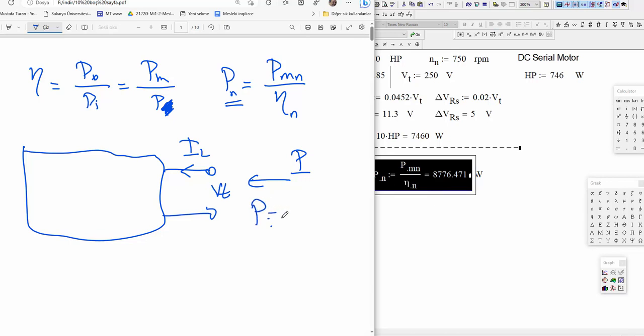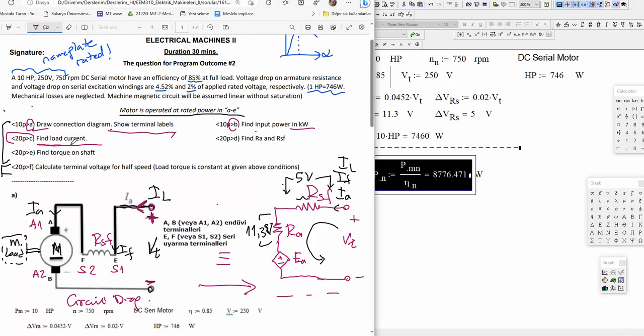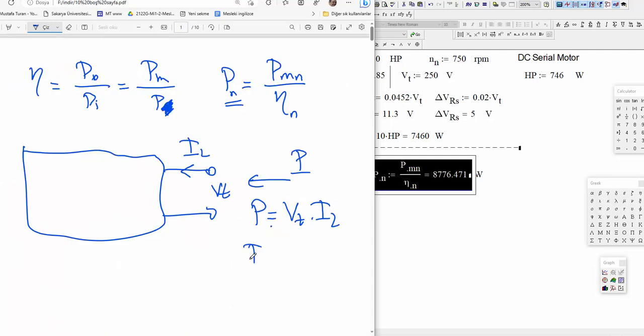So electric power is equal to terminal voltage times the current drawn by the circuit, which is the load current. And in the question, load current is asked. So load current is equal to input power over terminal voltage. Let's say rated current, rated input voltage, and that is the rated terminal voltage.